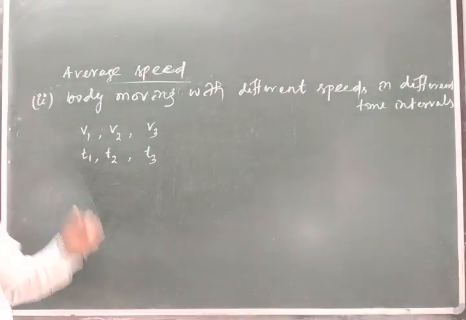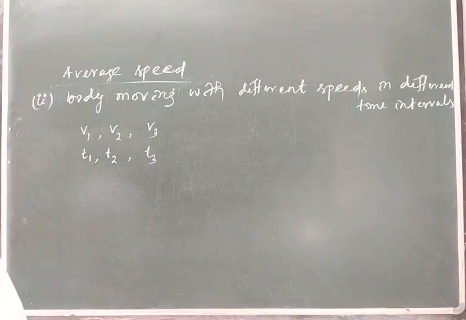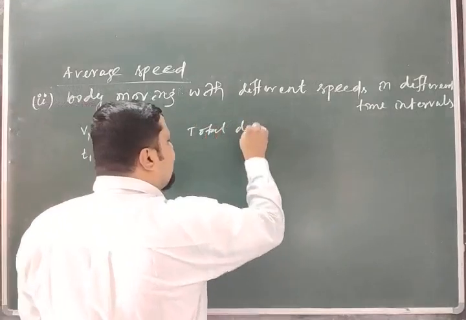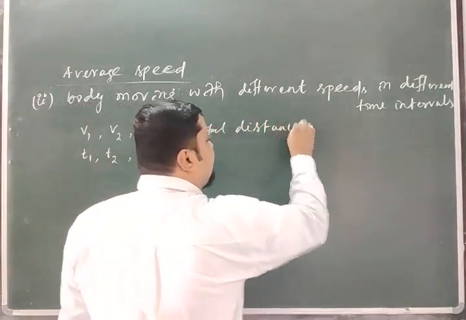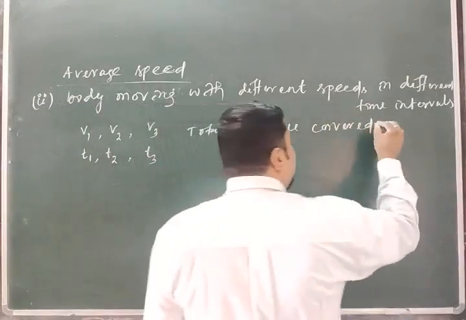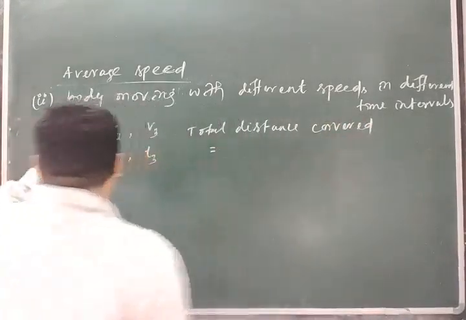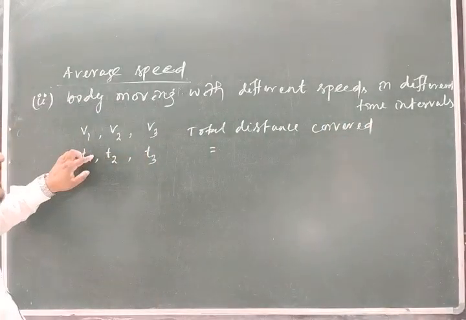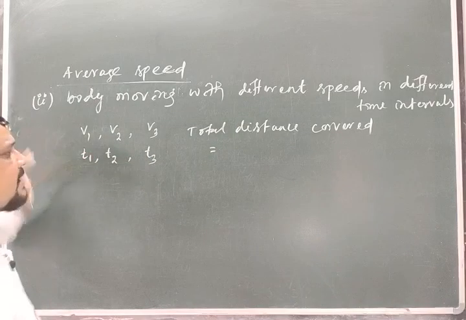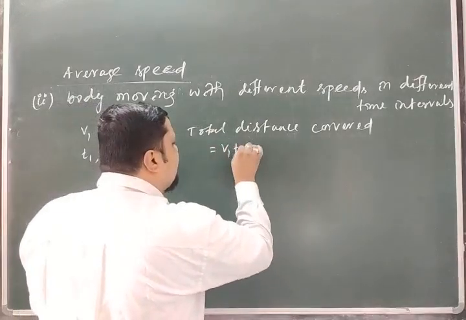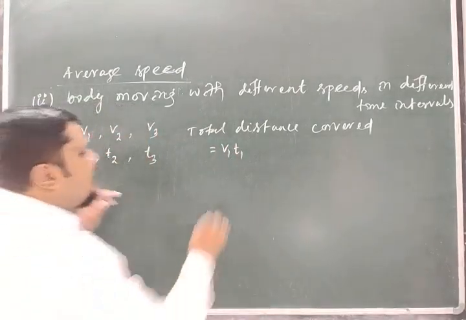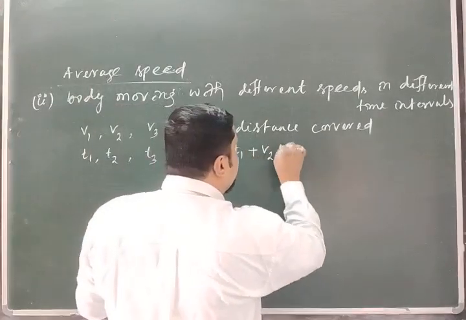As you know, first we need the total distance covered. For speed V1 and time T1, the distance covered is V1 T1. For time interval T2, it is V2 T2.